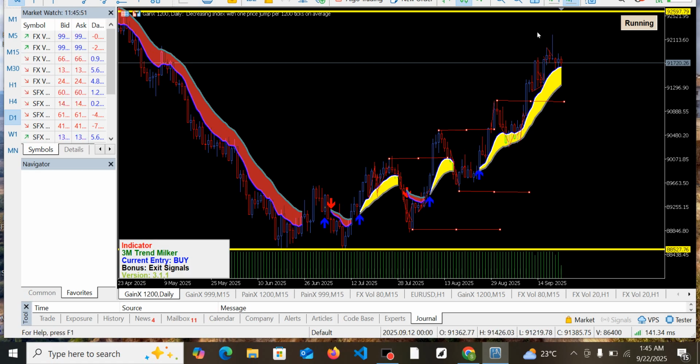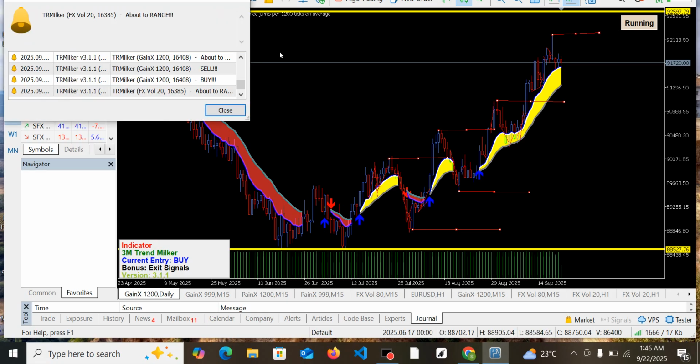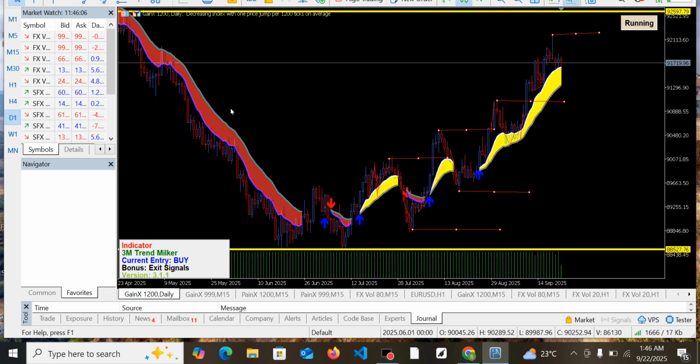Okay, so right now it has gotten to this region also. So how do we know if this will continue with the uptrend? Right here is the break of structure, and of course at this point we will be having change of character.